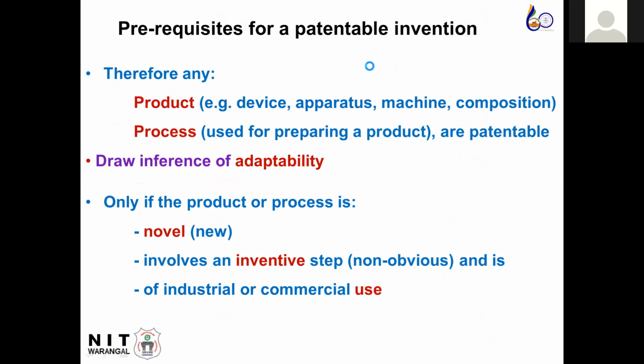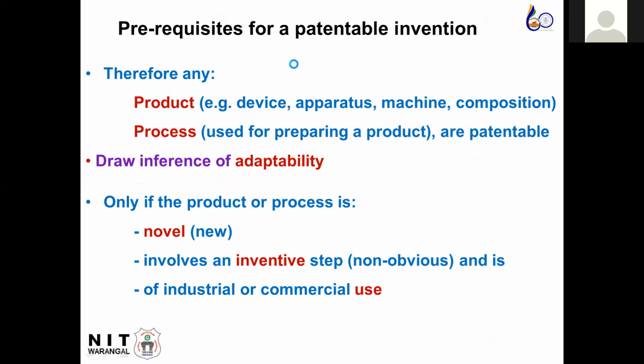Prerequisites for a patentable invention. First we will talk about patent, because most people are familiar with the word patent. So other things are also very easy to understand. See, patent generally we take for two things, whether it is a product or a process.